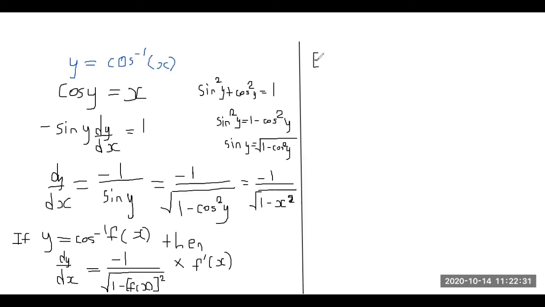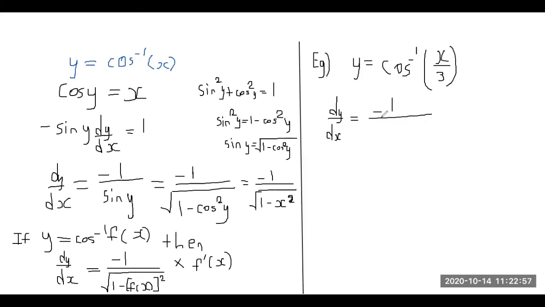So let's look at an example. Typical example. Let's say y is equal to cosine inverse of x over 3. If y is equal to the cosine inverse of x over 3, then dy by dx is going to be equal to minus 1 over the square root of 1 minus f of x all square.